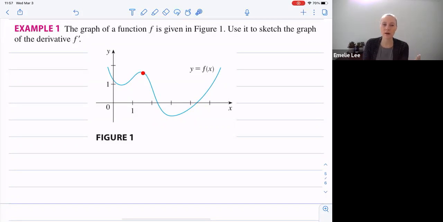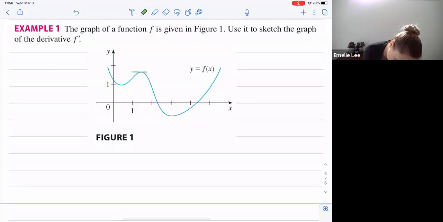So what that maps to, if you're thinking about it, is that the derivative is the slope of the tangent line. The first key points that I'm going to map are where the slope of the tangent line is 0.